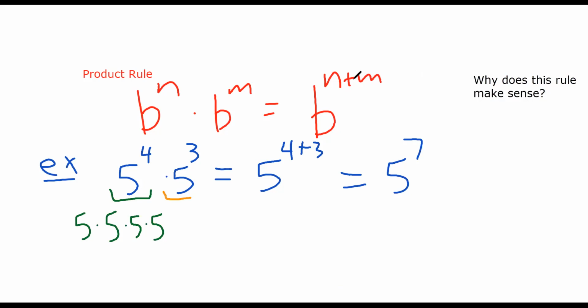And then 5 to the 3rd, you're saying do 5 to itself 3 total times. And then you're multiplying these together. So how many times do you see 5? Well, 4 of them from here, 3 of them from here. So you see it 7 total times. So that's the same as saying 5 to the 7th power.